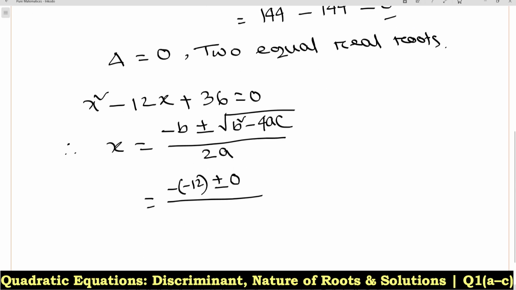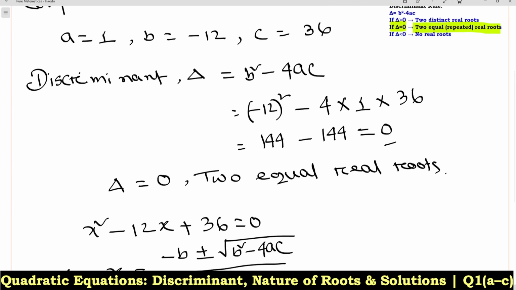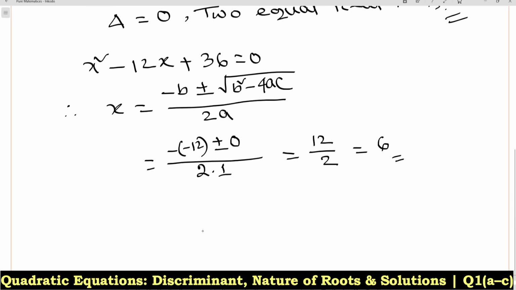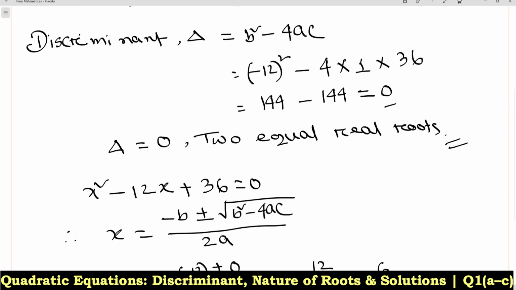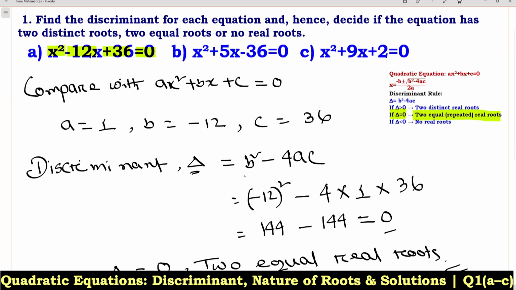Then 2 times a, which is 1. So minus and minus will be plus. So here is 12 divided by 2. Our result is 6. It means two equal real roots, which is 6. So our answer is x equals 6 and discriminant delta equals 0. This is our answer. So number 1A is done.